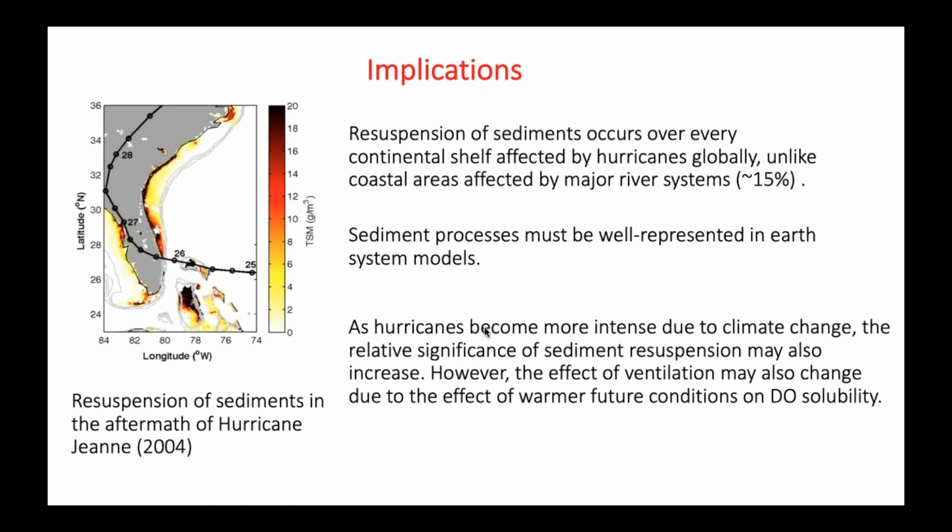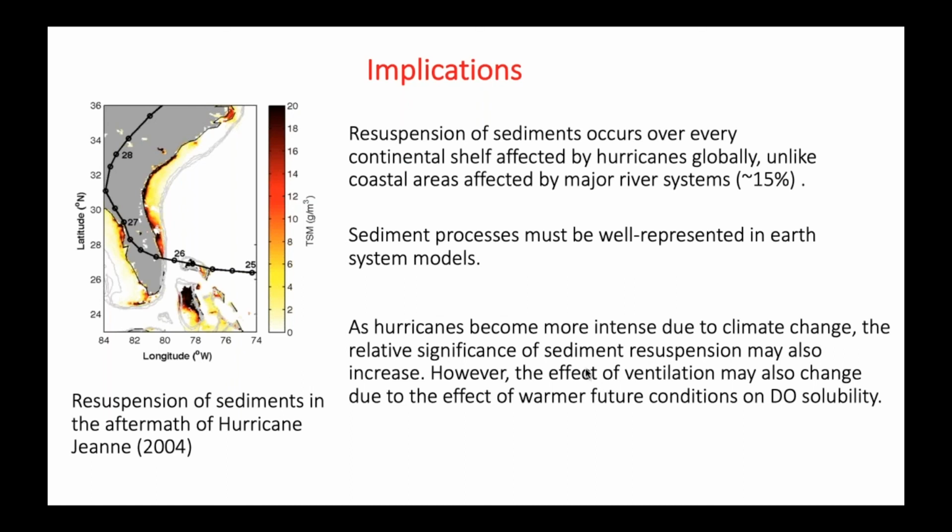However, one may also argue that along the same lines, ventilation could also increase. But note that ventilation is not just related to the vertical mixing of the hurricane, it also is dependent on the solubility of oxygen in the water, which would change when you have warmer water. You would have less oxygen solubility in warmer waters in future. So what ultimately happens in the aftermath of hurricanes in future is a very complicated interplay of all these processes.